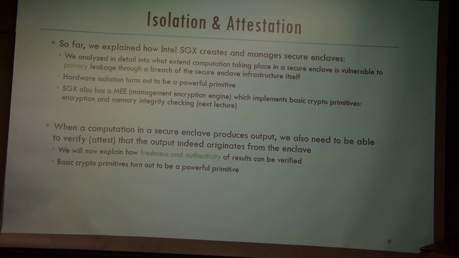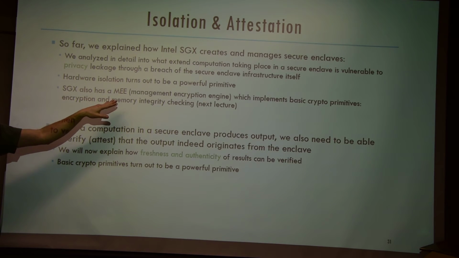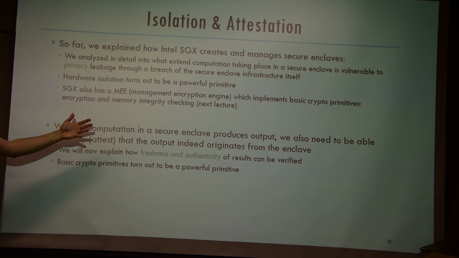There are some other tags in there that you need to use to do proper checking. That is hardware isolation. But in addition, and this will be talked about next lecture, after the quiz, is the memory encryption engine that implements, with basic crypto primitives, encryption and memory integrity checking.